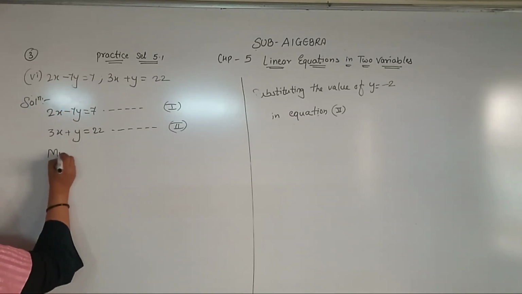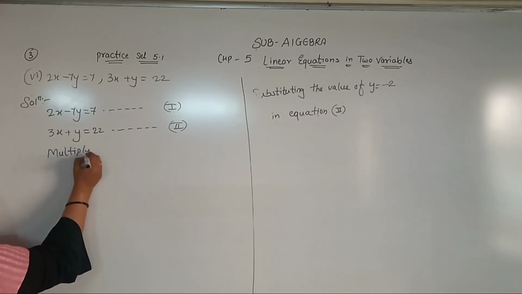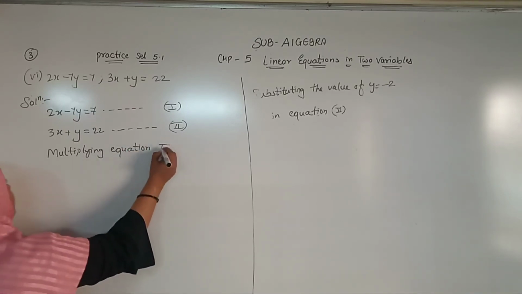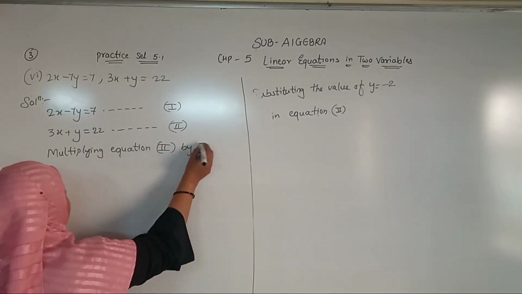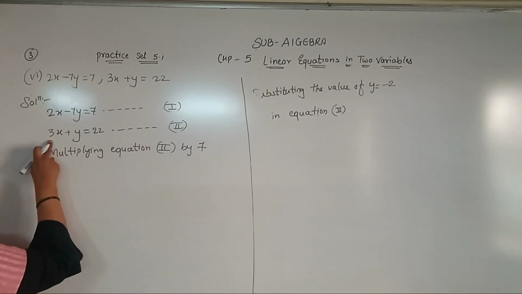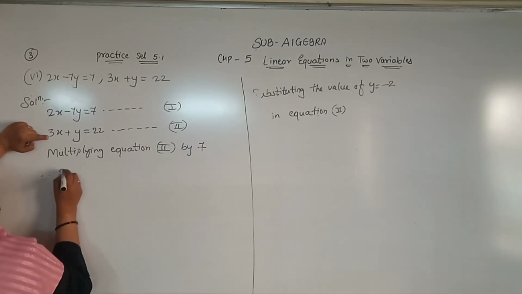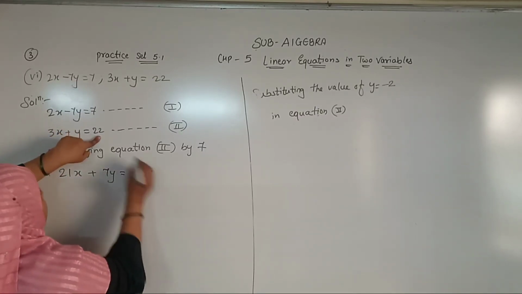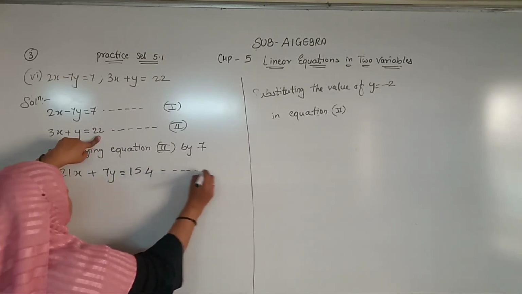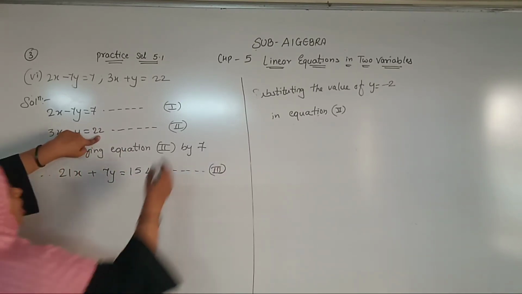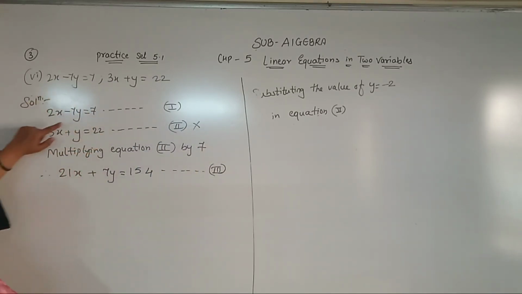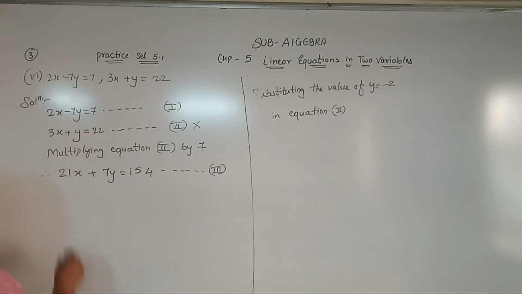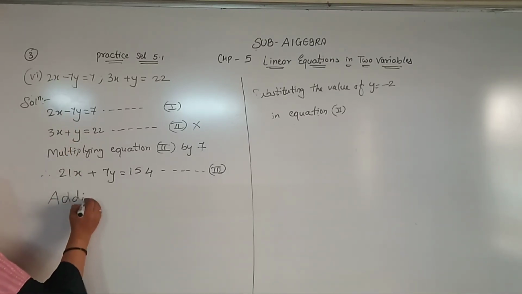As to compare both the y, I will see the 7y right now. So multiplying equation number 2 by 7: 7 3s are 21x plus 7 into y, 7y; 7 22s are 154. So I got this, my third new equation. Now I will not look at the second equation. When I got 7y equal in both equations and I have opposite signs, in opposite signs we will do adding.